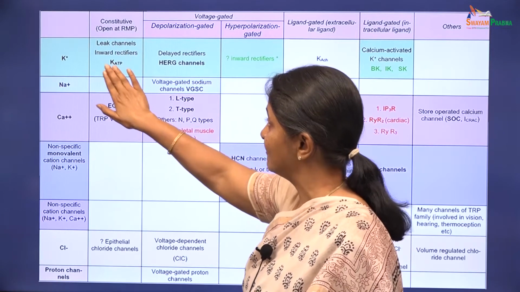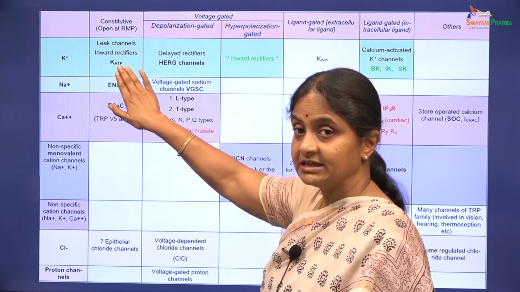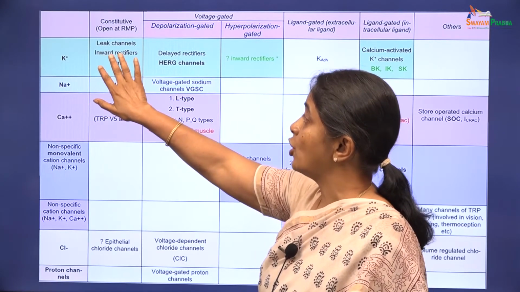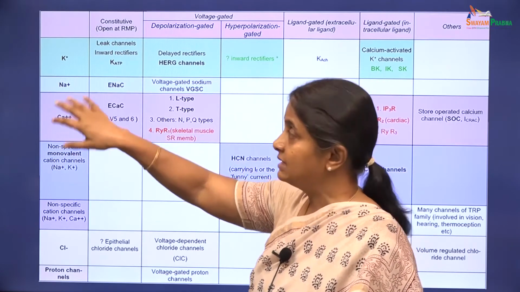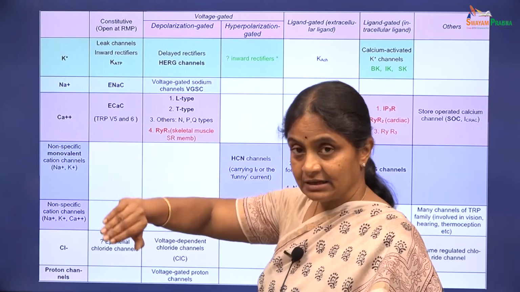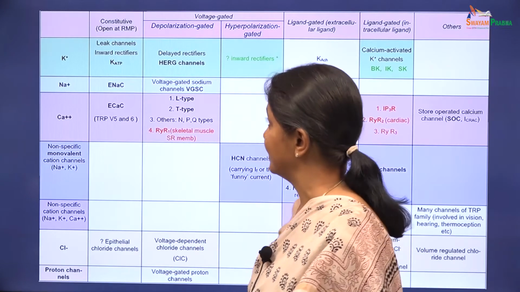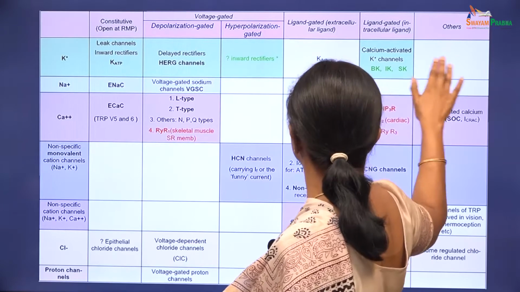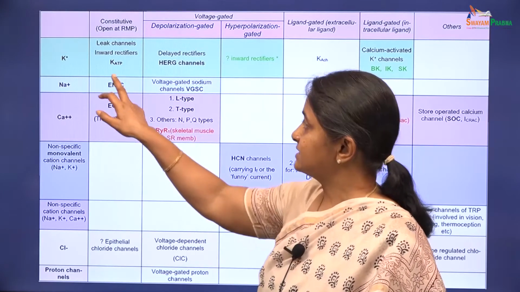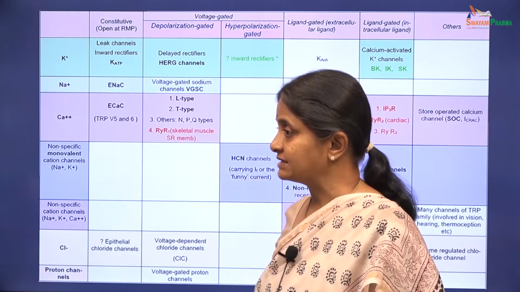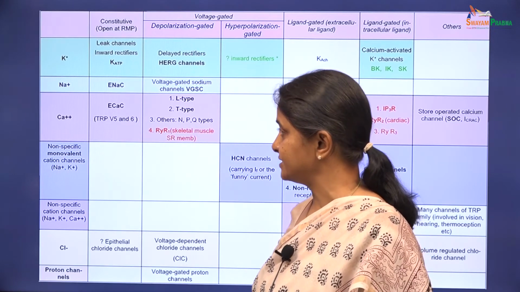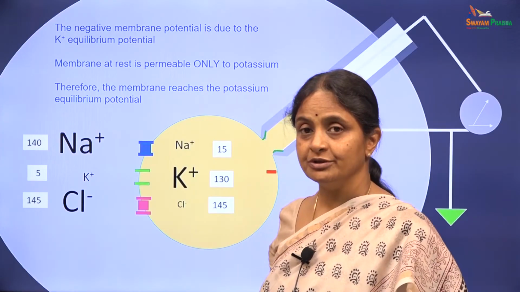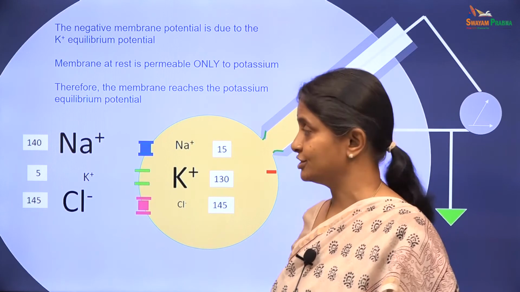That's where we have these potassium channels listed, leak potassium channels or inward rectifiers. The KATP channel is also a class of inward rectifier. The others are all closed at rest. These are voltage gated potassium channels. It is this class of potassium channels that were open at rest and contributed to the resting membrane potential.